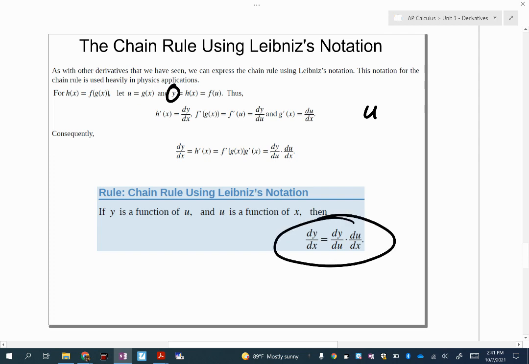And then we're going to end up using this formula that says the derivative of your y equation, so dy over dx, is equal to the derivative of the y function times the derivative of the u function, so dy over du, times du over dx. Okay, so that's what we're going to be finding in these two examples.